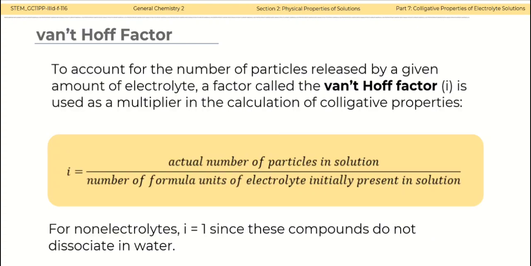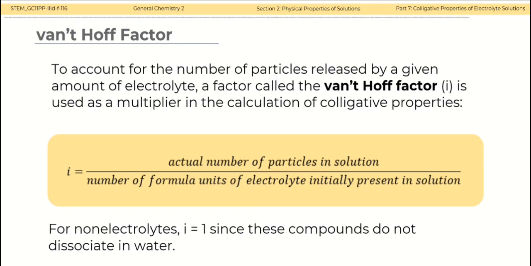To account for the number of particles released by a given amount of electrolyte, a factor called the Van 't Hoff factor, or i, is used as a multiplier in the calculation of colligative properties. i equals the actual number of particles in solution divided by the number of formula units of electrolyte initially present in solution.